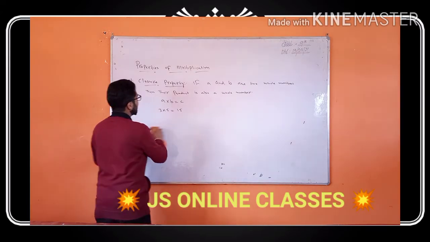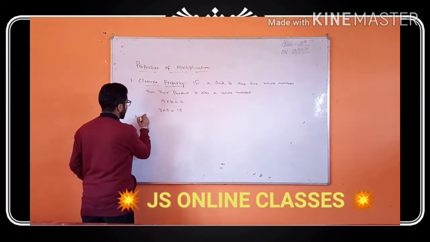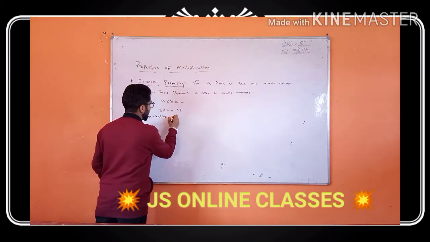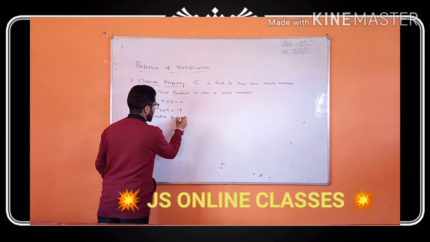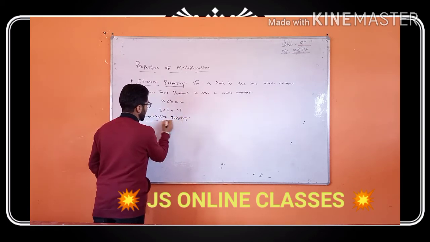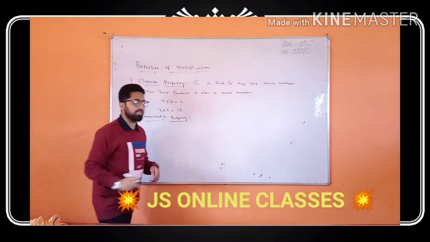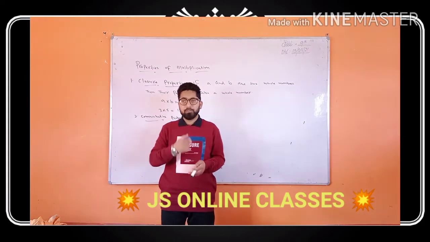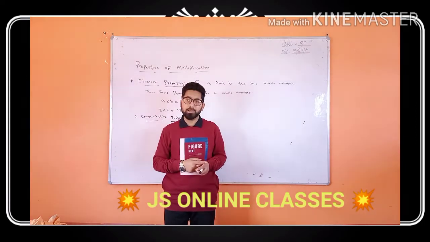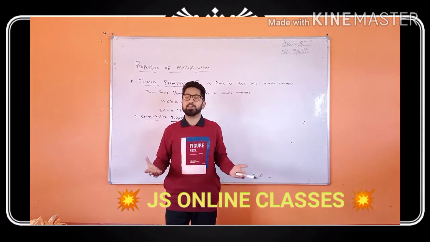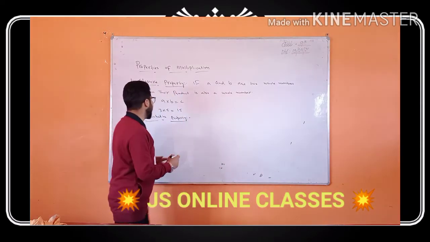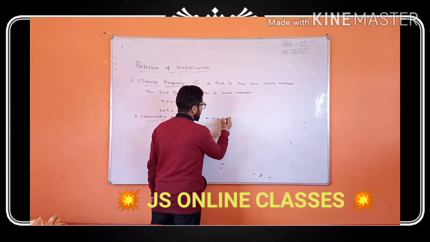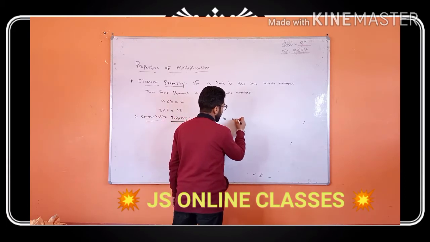Okay, we have another property, that is commutative property. Dear students, this property says that if we have two whole numbers, say A and B, and if we multiply A into B, and if we inversely multiply them, we get the same result.